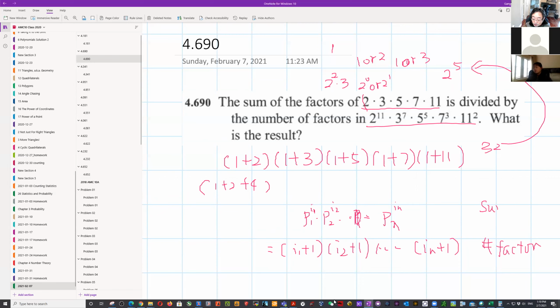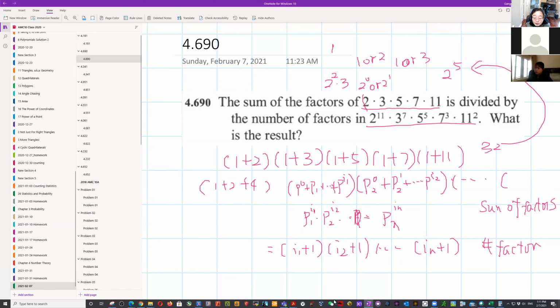Then the sum of the factors is actually equal to, for the first prime, p to the 0 plus p to the 1 all the way to p to the i1, and multiply by p2 to the 0 plus p2 to the first plus all the way to p2 to the i2. Then you have to multiply all those.